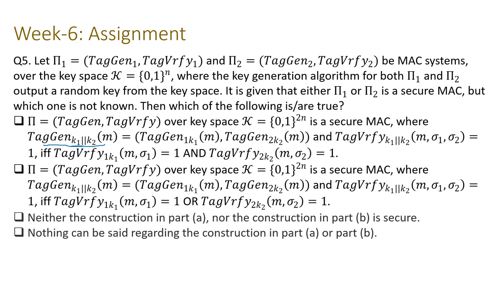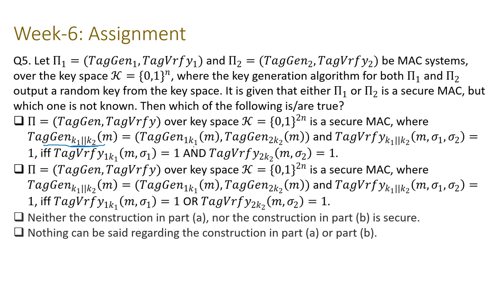So this is your key now, both k1 and k2, and you do the tag generation like this. In the first part you have tag gen 1 k1 of m. So using the tag generation algorithm for pi1 and the key as k1, you run the tag generation algorithm on message m, and you also output the tag generation algorithm run on message m using the key k2 following the scheme pi2.